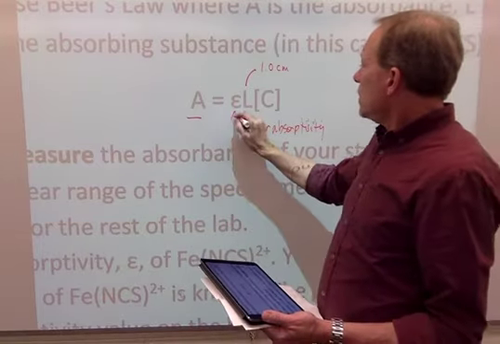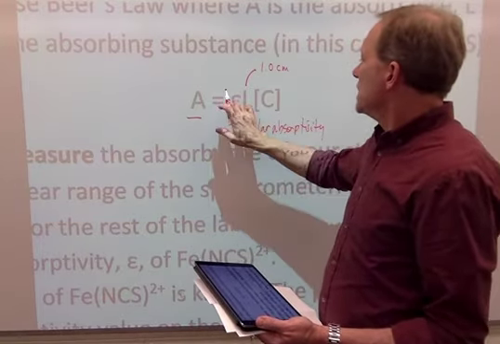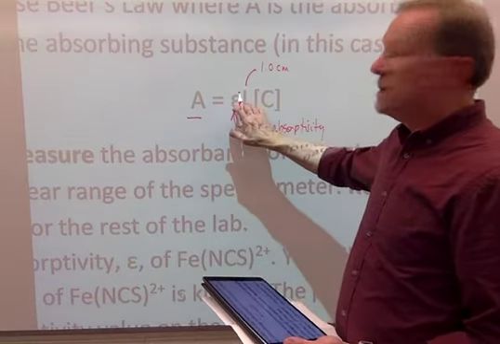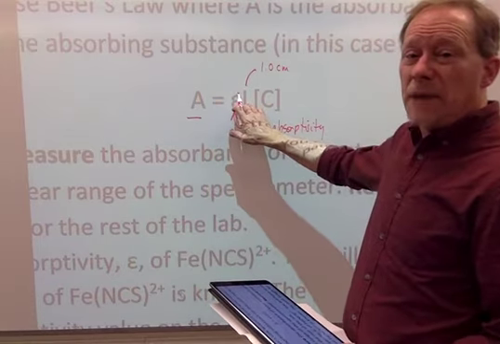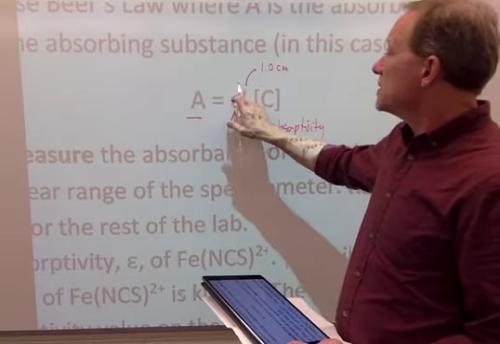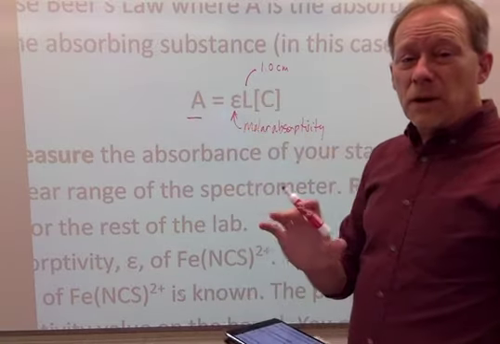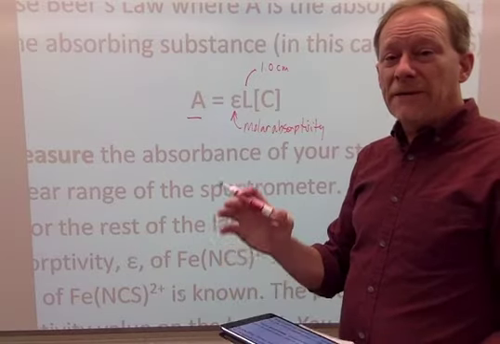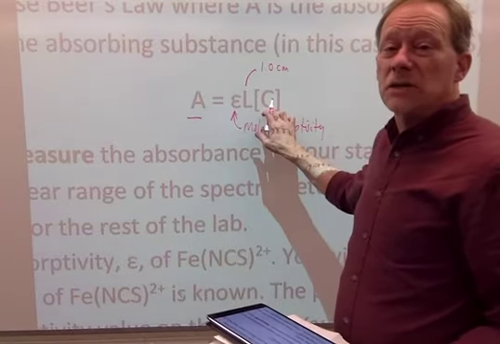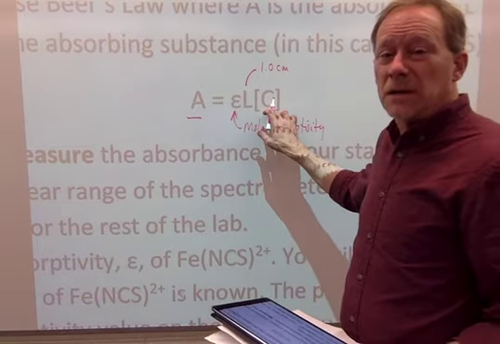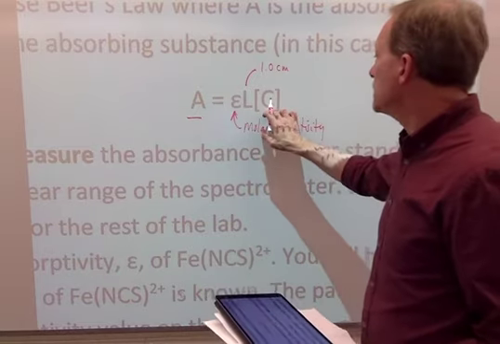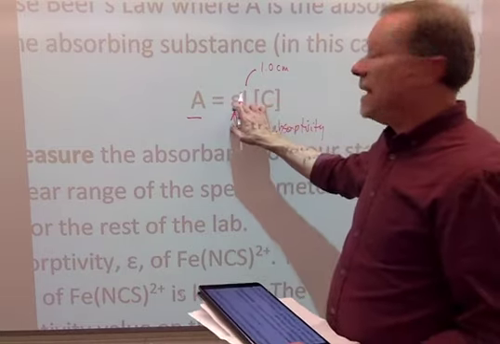So knowing these 2 constants, epsilon and the 1 centimeter path length of the cell, allows us to directly relate absorbance to concentration.